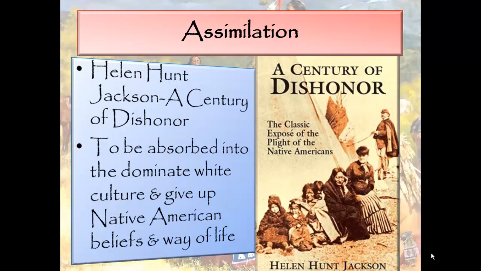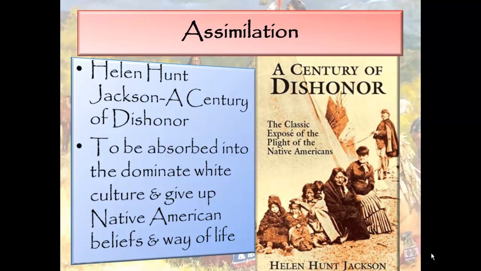A policy of assimilation is put into place, and assimilation is this idea that the minority culture is to be absorbed into the dominant culture. And really, that came about out of, I think, some misguidance by people who wanted to help.